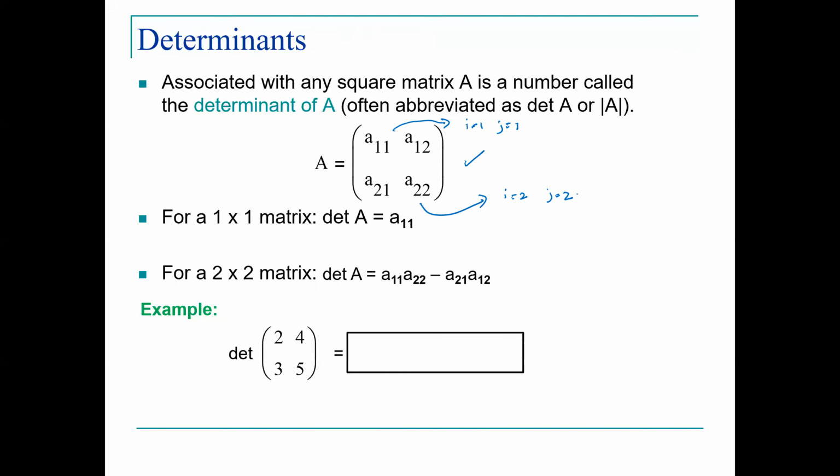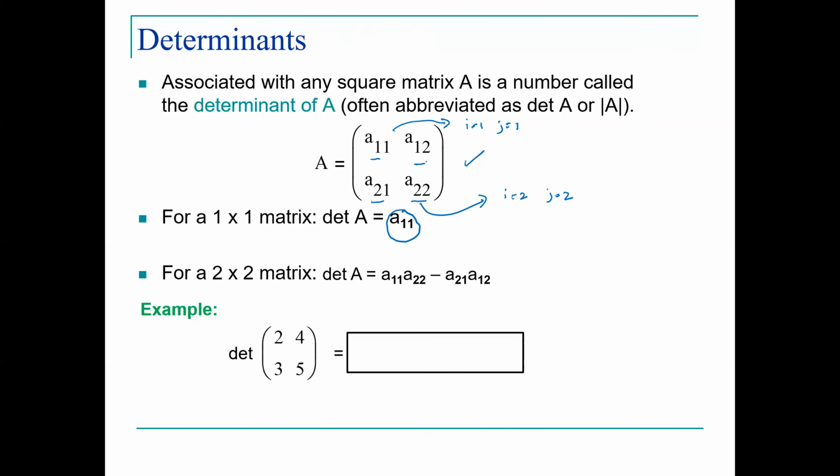For a 1 times 1 matrix, the determinant of A is equal to the value of A11. For a 2 by 2 matrix, the determinant of A is determined by multiplying A11 times A22 minus A21 times A12.